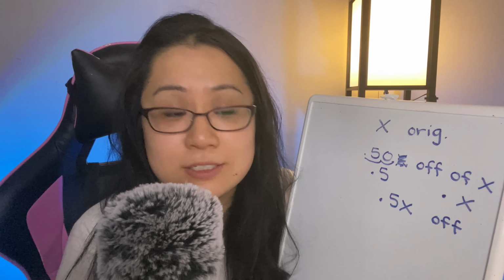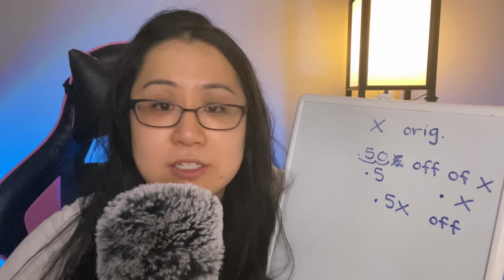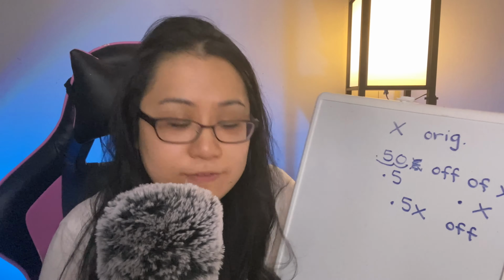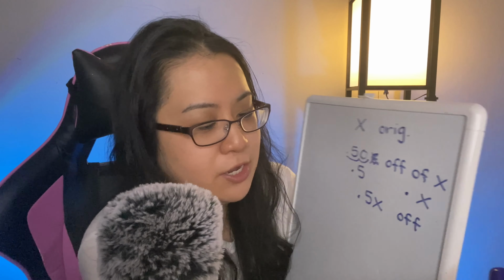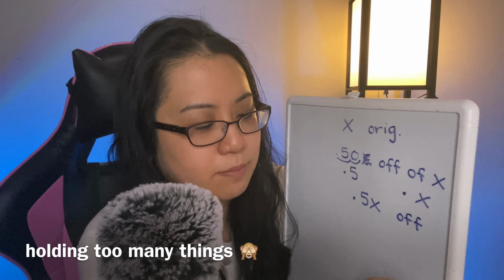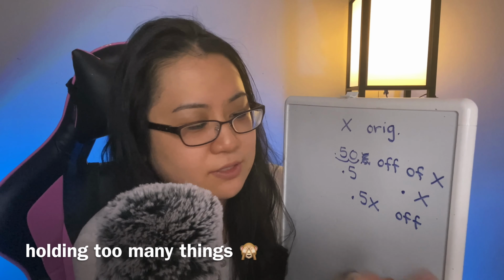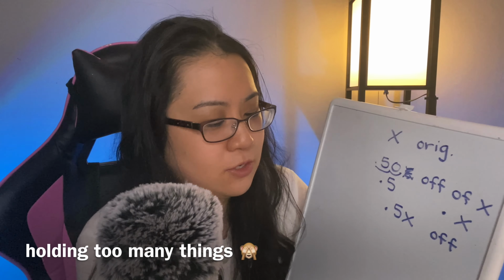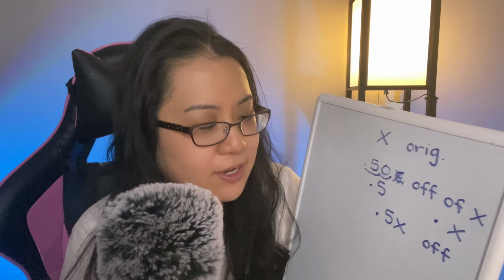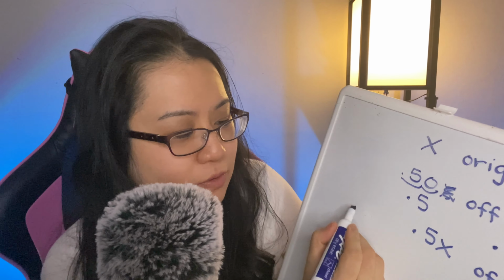So whatever the X amount is, you could have something that starts off at $25, and you would just, in your calculator, if you wanted to, put in 0.5 times 25 or something like that. That would be $12.50. Okay, so that means that you take your original price.